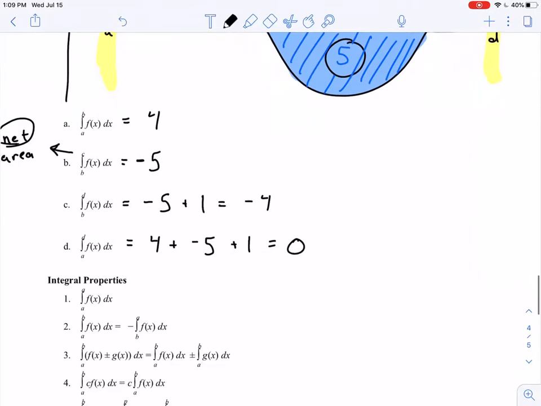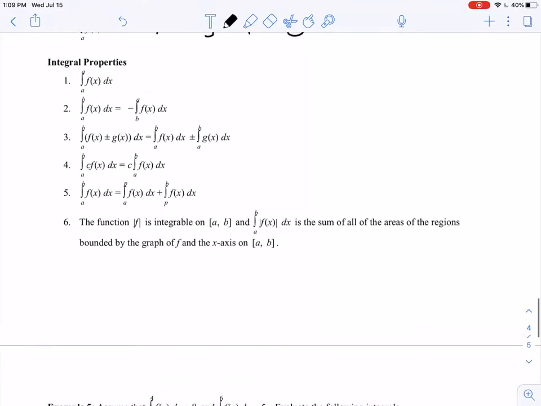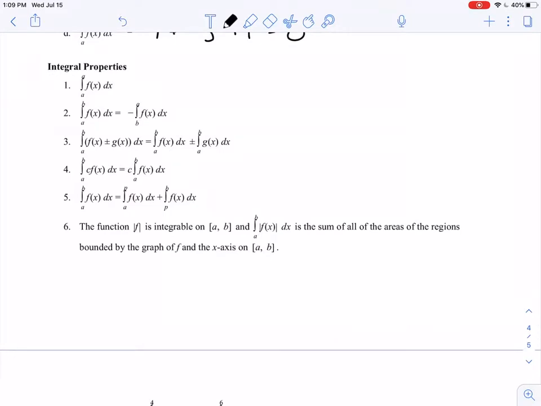Finally, we have some integration properties that we should talk about. First, the definite integral from a to a of f of x dx is equal to 0. I want to talk about why this one is here.